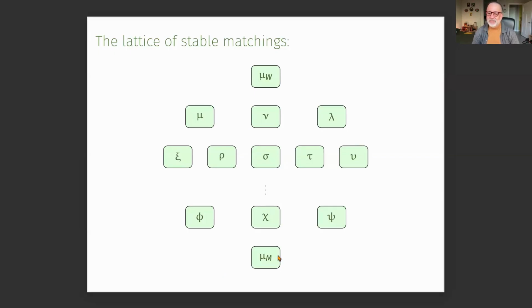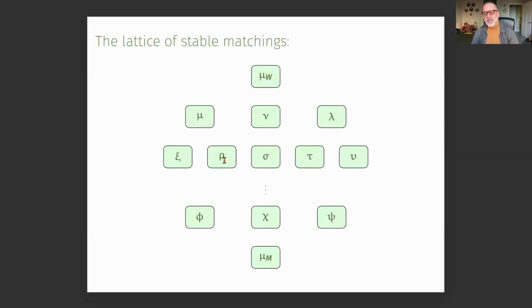There is a stable matching at the bottom that all men prefer. There is a stable matching at the top that all women prefer. And then the other stable matchings can be partially ordered according to the preferences of all women, in the sense that the higher you go, the happier the women are, and the less happy the men are. If you go horizontally, then they're not ranked.